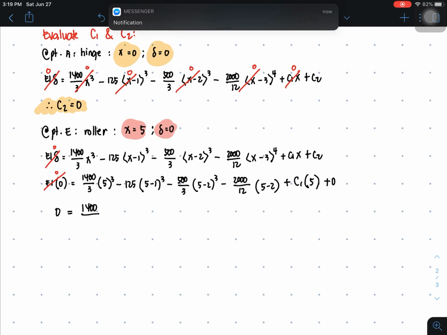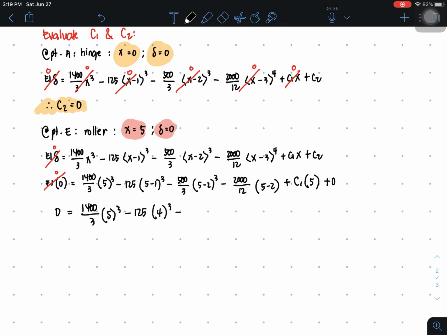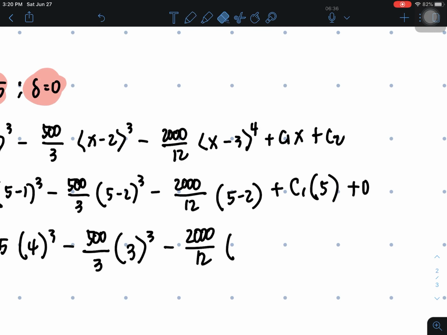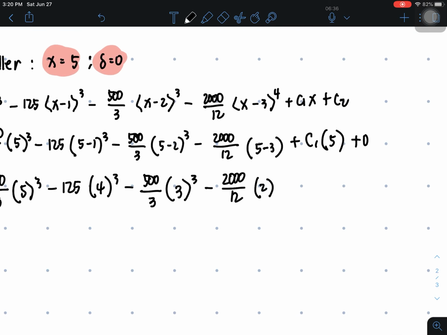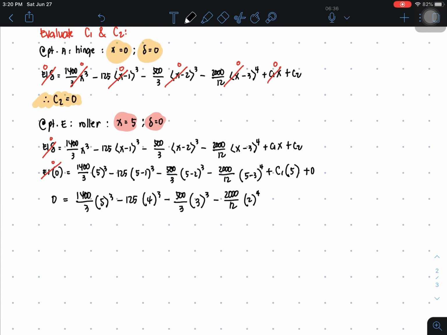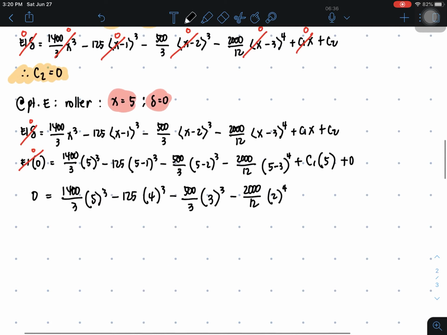This is 1400 over 3 times 5 cubed, minus 125 times 4 cubed, minus 500 over 3 times 3 cubed, minus 2000 over 12 times 2 to the 4th, plus 5C1.